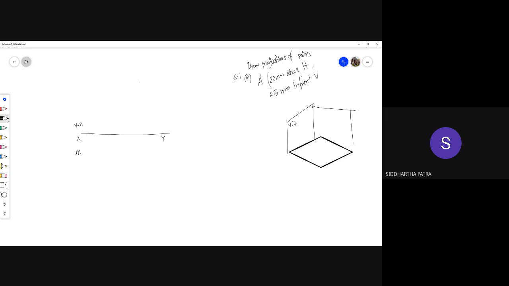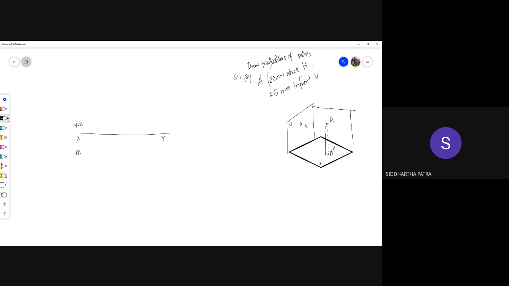This is the vertical plane, or V. Actually, you can simply call it V, and this one is H. So it is 20 millimeter above H. If this is the point A, then it is 20 millimeters above, with its projection A prime right here, or A double prime right here.